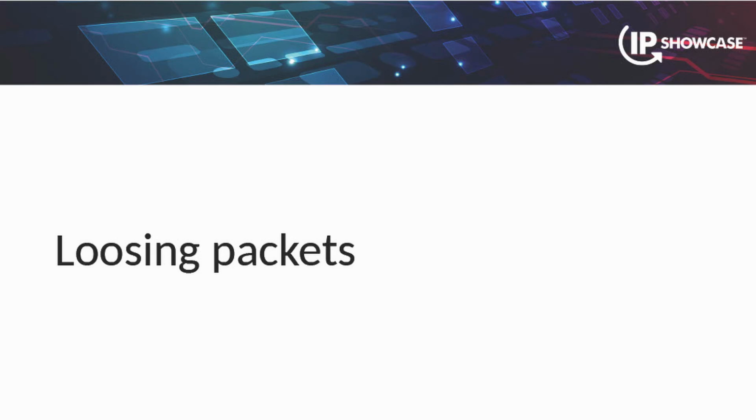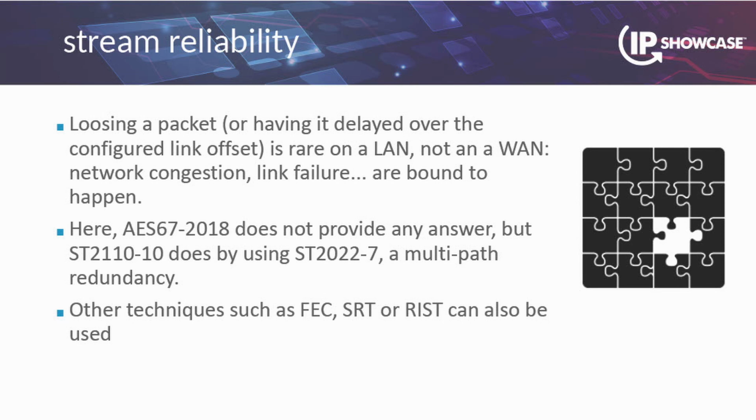Okay, and then let's talk about using packets. So we saw that when going over the WAN, you have a lot of new equipment that have waiting queues, and since you are sharing the traffic, you will most likely lose a packet. While it's rare on LAN, and it's so rare that I have yet to see one perfectly configured LAN lose packets.